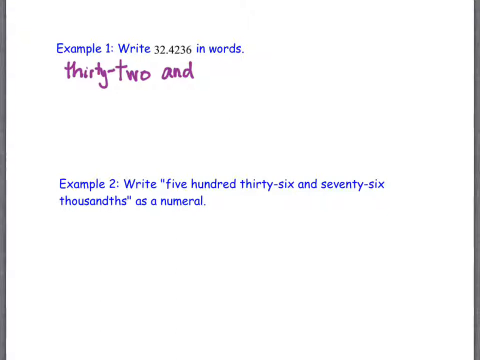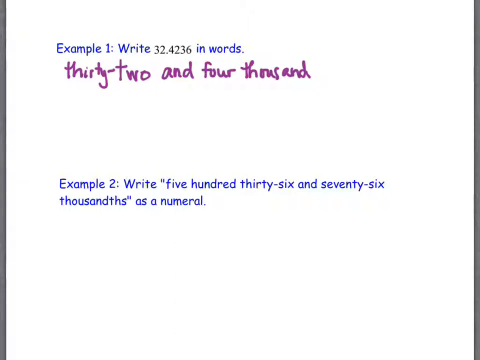And then what happens next is we write the number 4236 as though, to start with, it is the number 4236 before a decimal place. What would I say if I saw 4236 all by itself? 4,236. Perfect. That's what comes next. 4,000. There's no hyphen between 4 and 1,000.